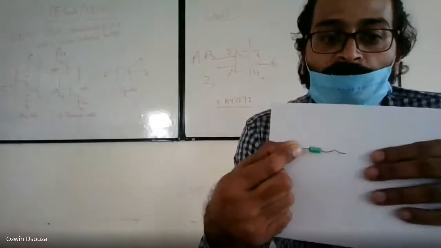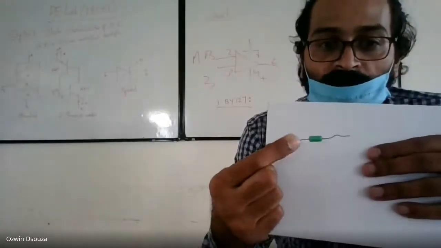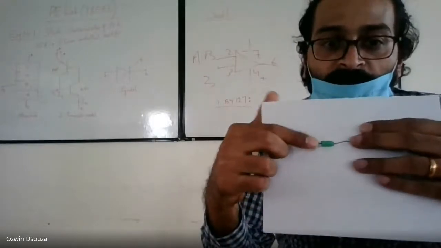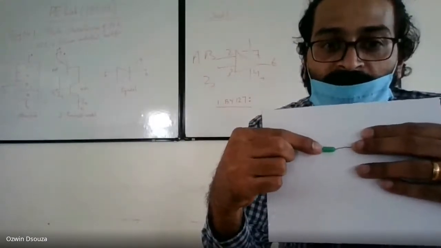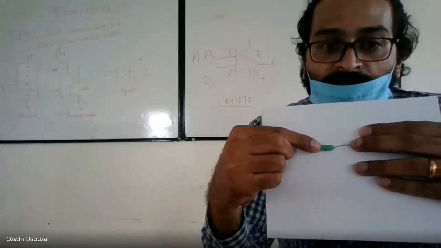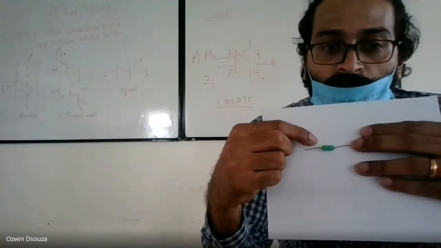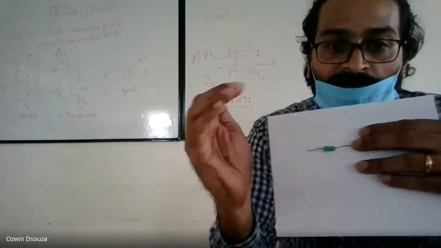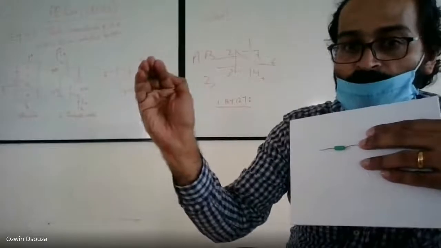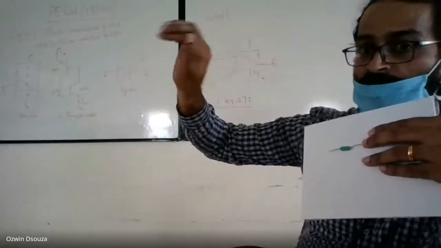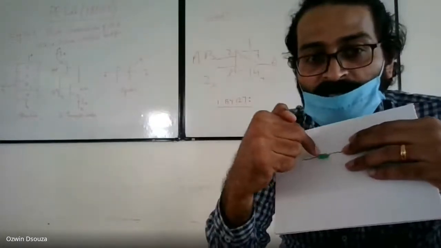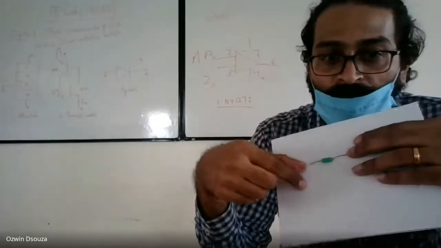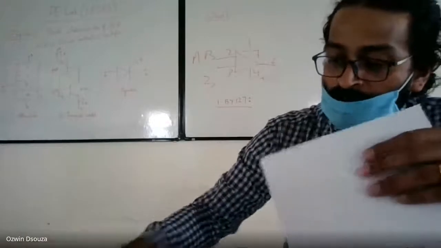How are you going to identify the cathode and anode terminal? The flat end is your anode, and the curved end, which has a half moon shape, is basically the cathode terminal. Okay, so this is one type of diode.